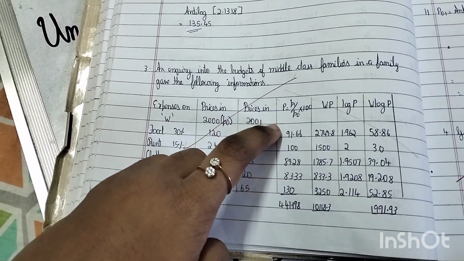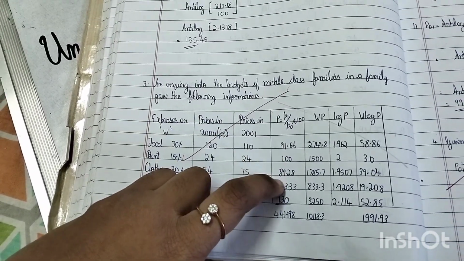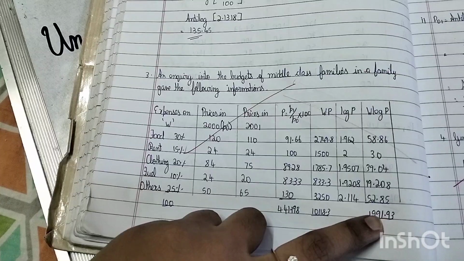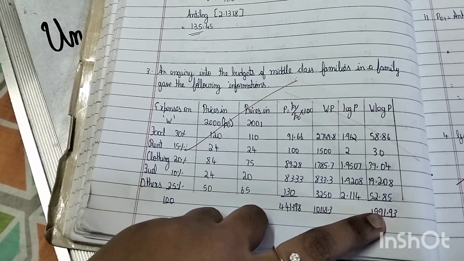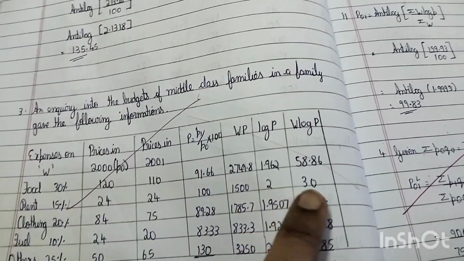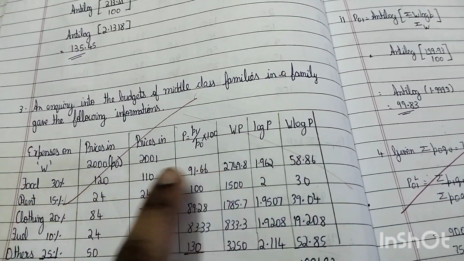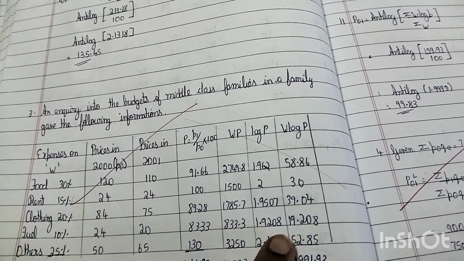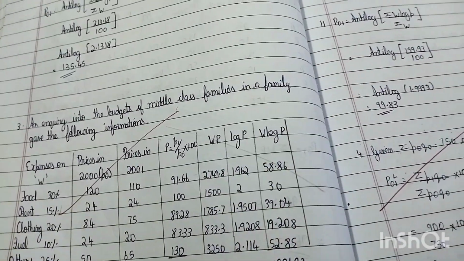So log 91.66, log 100, log 89.28 and so on. W log P is nothing but W into log P. That is 30 into 1.962, 15 into 2, 20 into 1.9507, 10 into 1.9208. So that's how you get W log P.